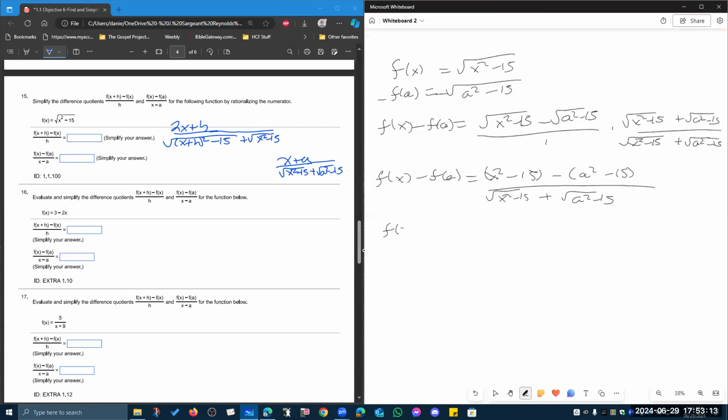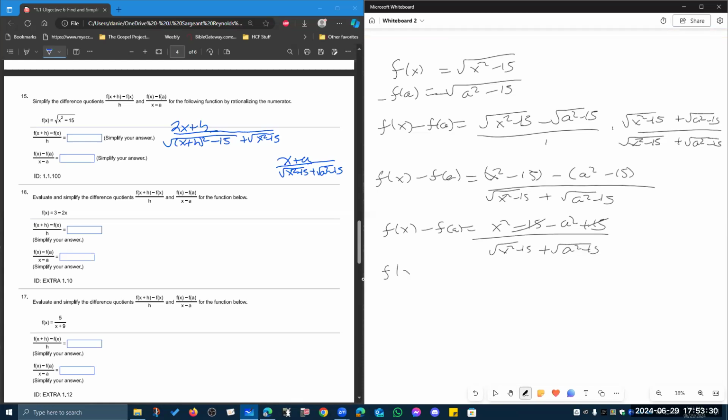F of x minus f of a is x squared minus 15 minus a squared plus 15 over root x squared minus 15 plus root a squared minus 15.